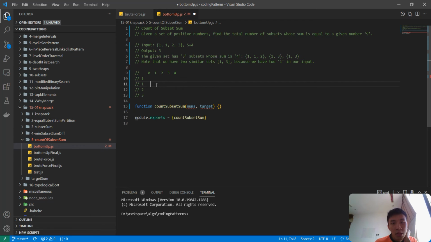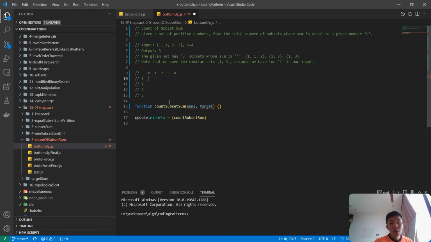Because each cell in our table depends on previously solved problems. So our first assumption would be the first column, which is the answer for finding the total number of subsets that sum up to 0, given this input. What would be the answer here?